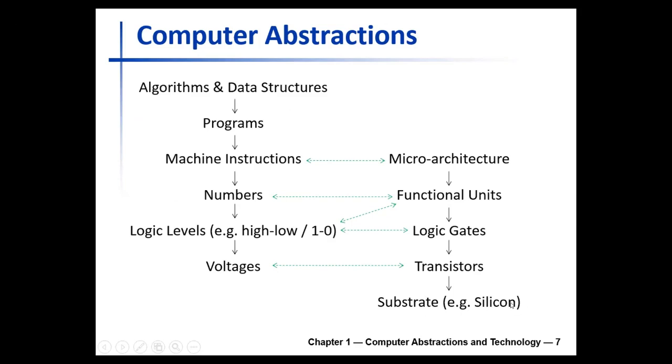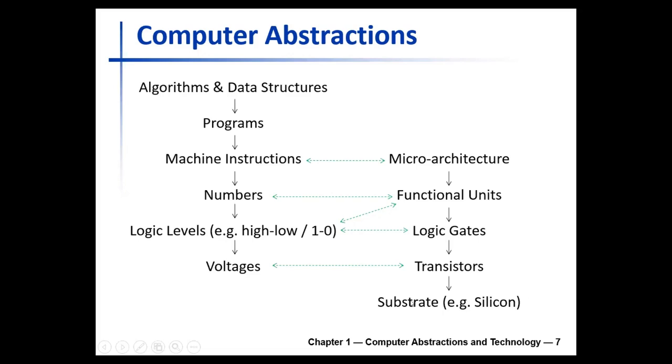You have the substrate, silicon or germanium or whatever substrate that you use to build semiconductors, and transistors at the very bottom of the hardware hierarchy, right? So what you have on the right-hand side here is the hardware hierarchy.